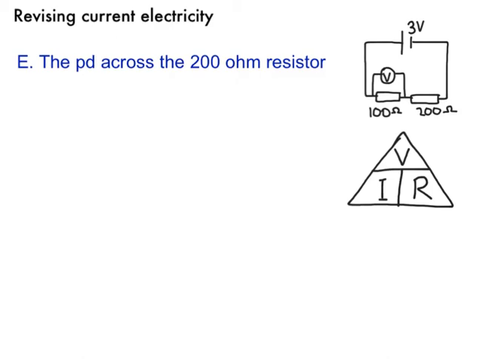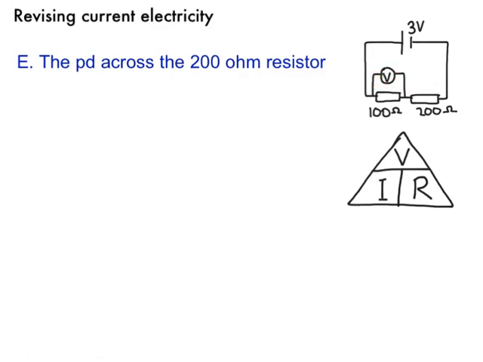This is the final part of our question now, and what they're finally asking us to do is work out the potential difference across this resistor. We've got no voltmeter there, but we can apply our rules to work it out. We've already worked out that the voltage across this resistor, on this voltmeter, was reading 1 volt, and we know that the rule for potential difference in a series circuit is that the potential difference across the power supply is shared between the resistors. So if this resistor here is reading 1 volt, what must this one here be reading?